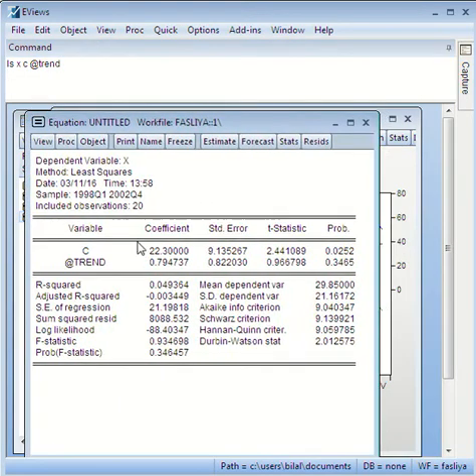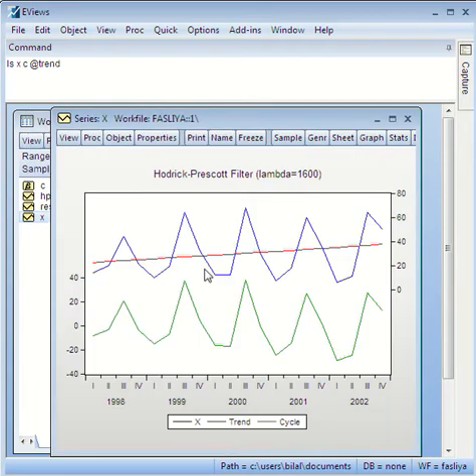We see that our trend coefficient is not significant. That means that there is no trend component.